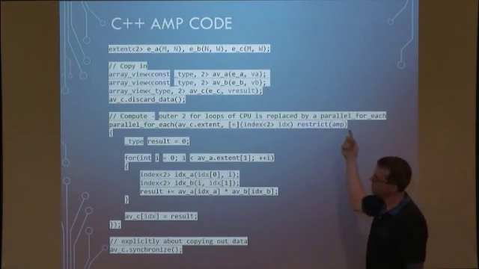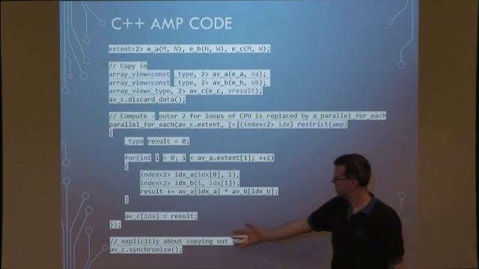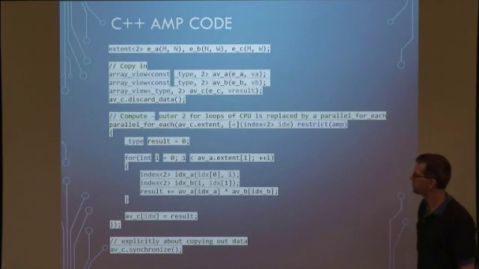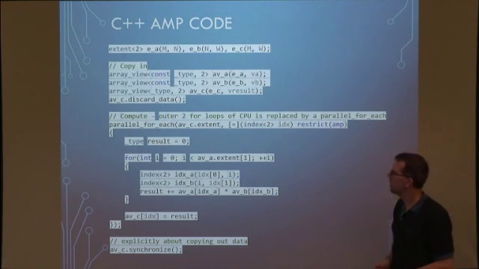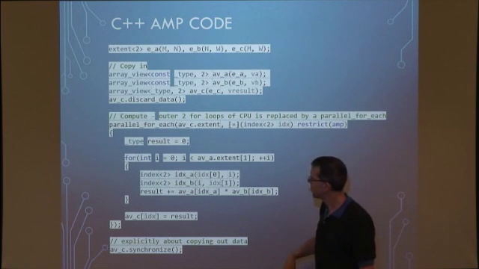The restrict AMP here says everything else in here down to the parenthesis colon has to be of a particular set of instructions that can be translated into GPU instructions. So it limits what you can do inside of there. But everything you see here is fine.